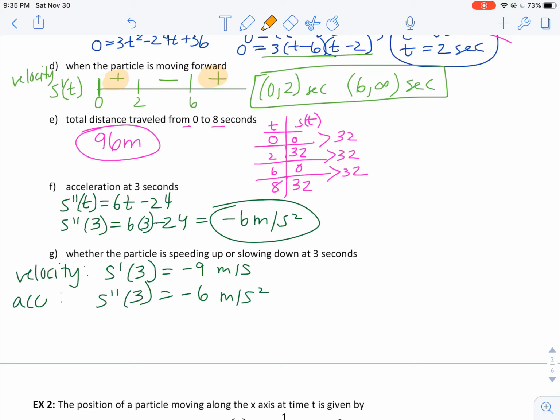So what I'm looking at is my signs, and they're both negative. So that's the same sign, which means the particle is speeding up.